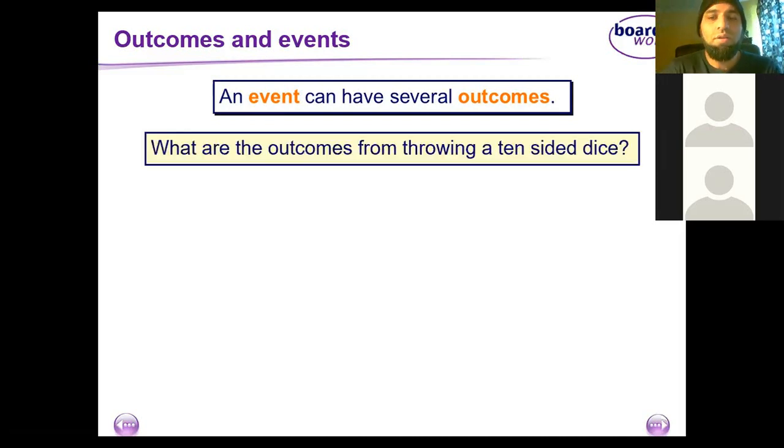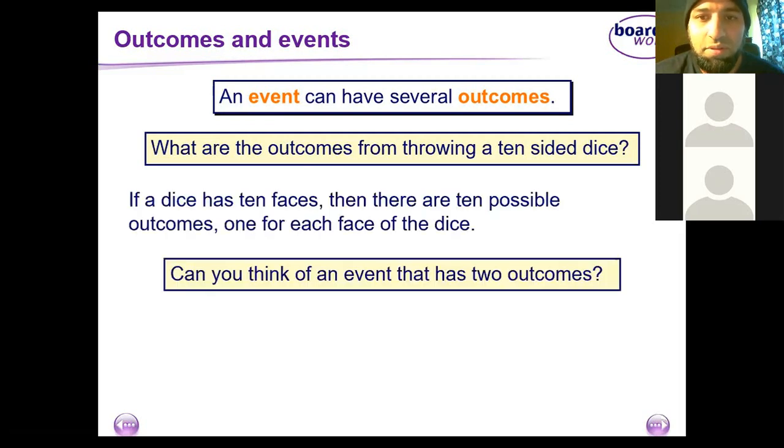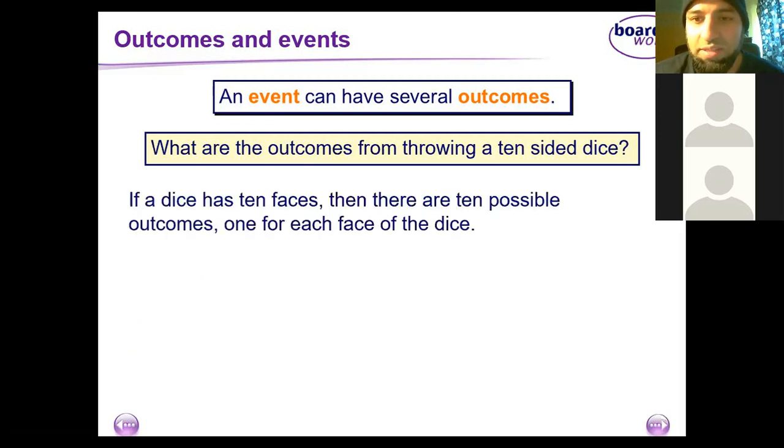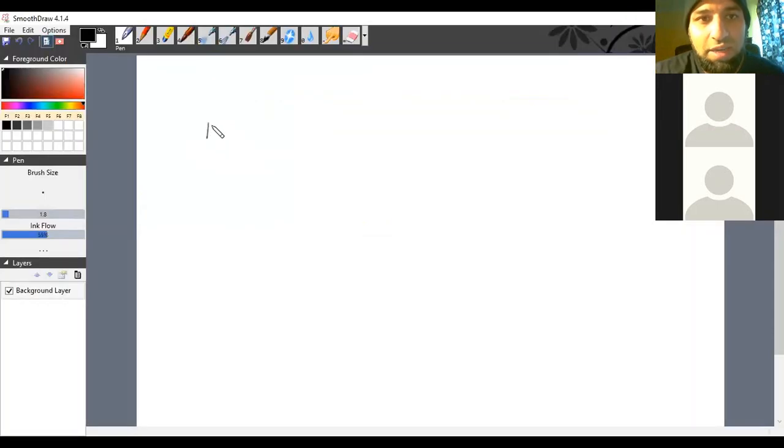Okay, so imagine I throw a 10-sided dice. What are the outcomes of throwing a 10-sided dice? So you might have 10 different possibilities. If you have 10 numbers in it, each of those numbers has a 1 out of 10 chance of occurring. So for example, you don't need to copy anything, a 10-sided dice, and it's numbered 1 to 10.